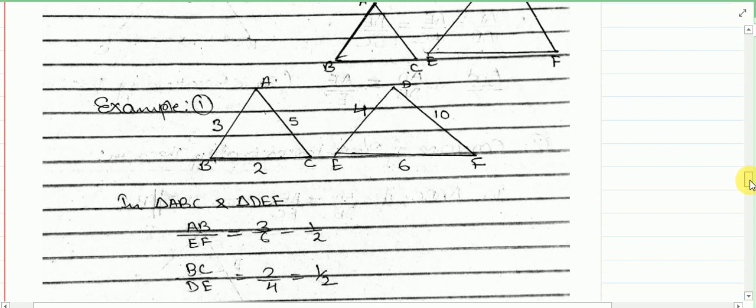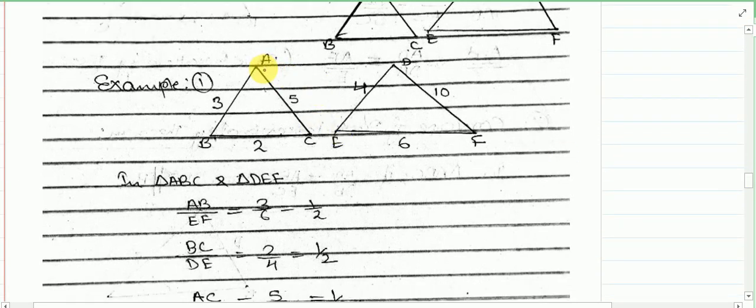Let's see example. Like here you can see I have taken two triangles ABC and DEF. Here AB is 3, AC is 5, BC is 2. Here DE is equal to 4, DF 10, EF 6.